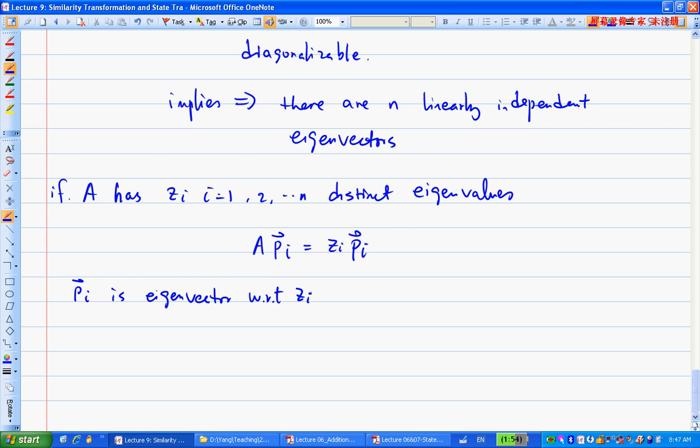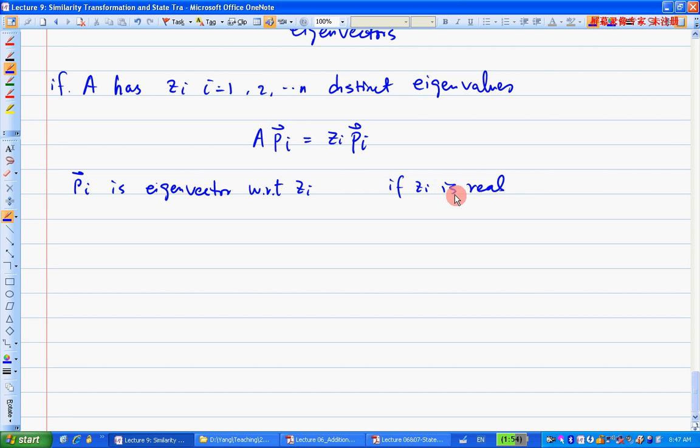In many other courses you have probably touched upon eigenvectors. The way to understand an eigenvector is that it's a vector representing a direction. Let's say z_i is a real number. Of course it could be complex, but to explain this next point we need to assume it's real.